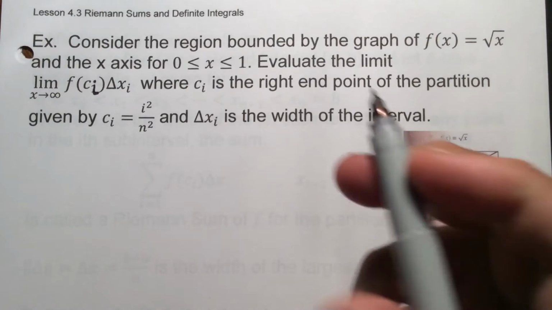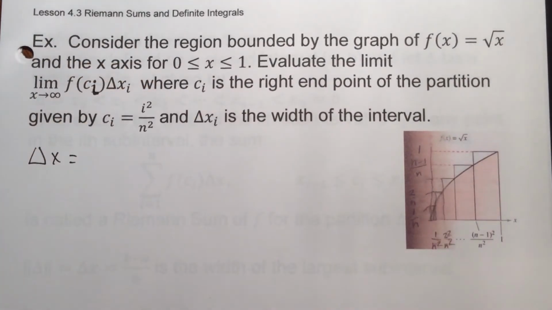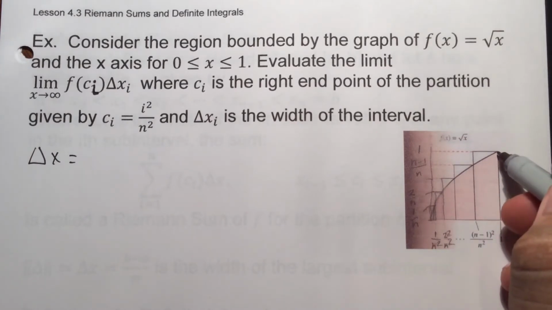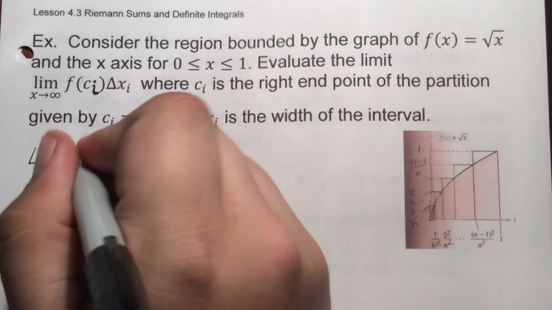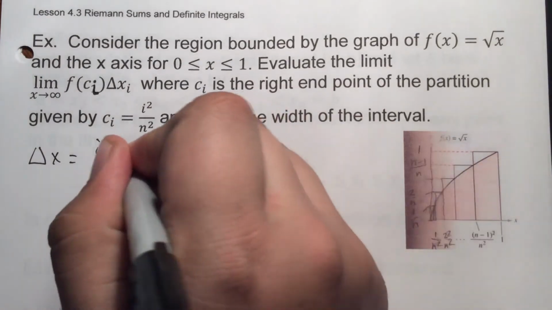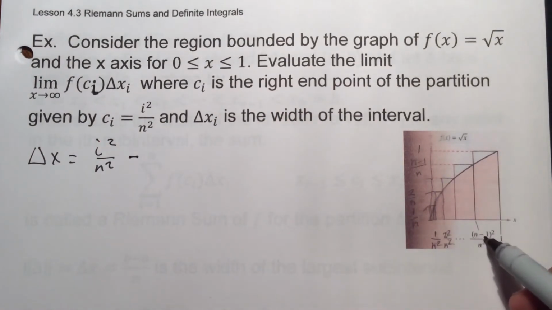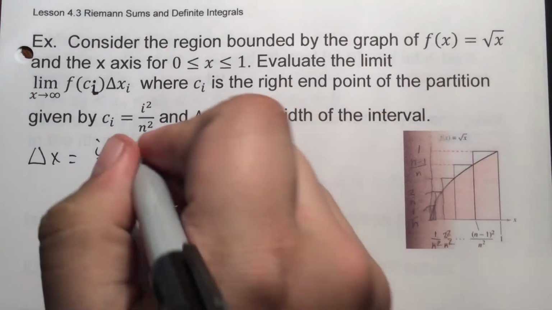So the first thing we need to find is, what is our change of x? Change of x is going to be our right endpoint, which is given by c sub i, so i squared over n squared, minus the one before it, which would be i minus 1 squared over n squared.